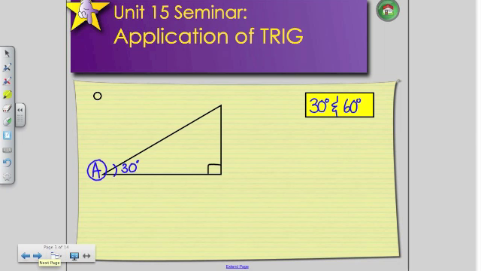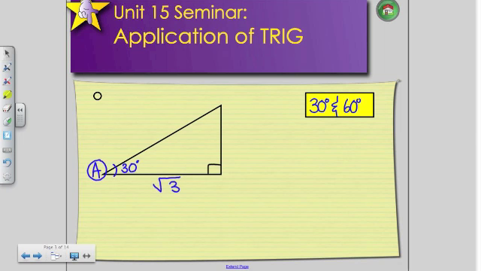So when we're talking about the 30-degree triangle, my adjacent is always equal to root 3. My adjacent is root 3 for the 30-degree triangle. The way I try to remember that, 30 degrees, there's a 3 underneath the radical, and that's how I always remember. This is my 90-degree angle.